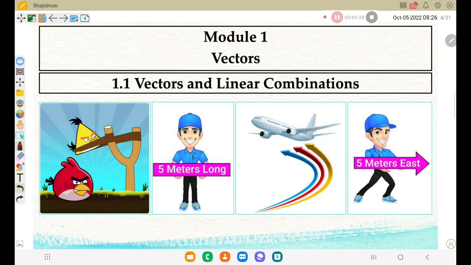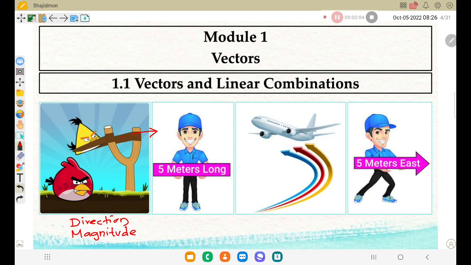When we are stretching this bird and releasing it, it will hit some place. So we need to think about what direction we need to move this bird, and same way how much distance we need to travel for hitting the target. So two things we need to be careful about. One is direction, and the second one is the distance, or we call it magnitude, correct.